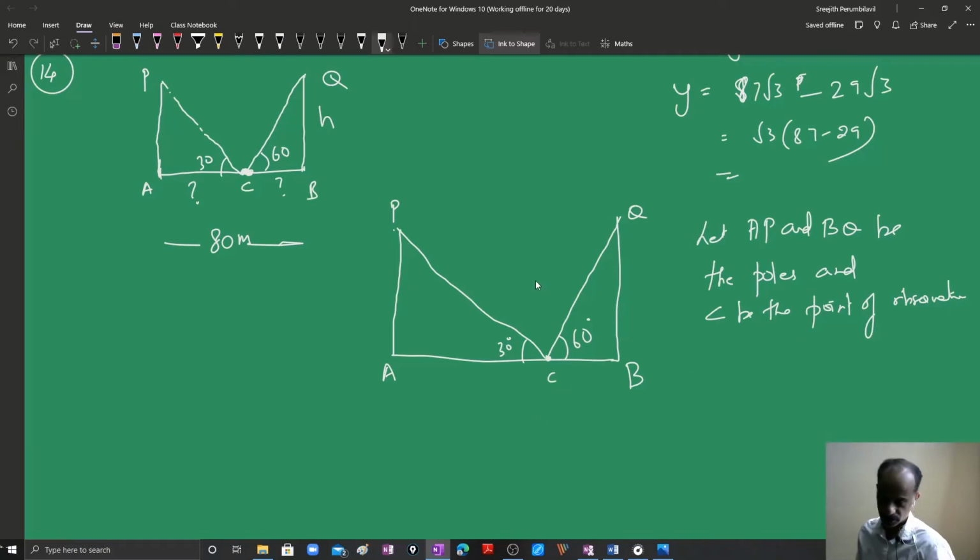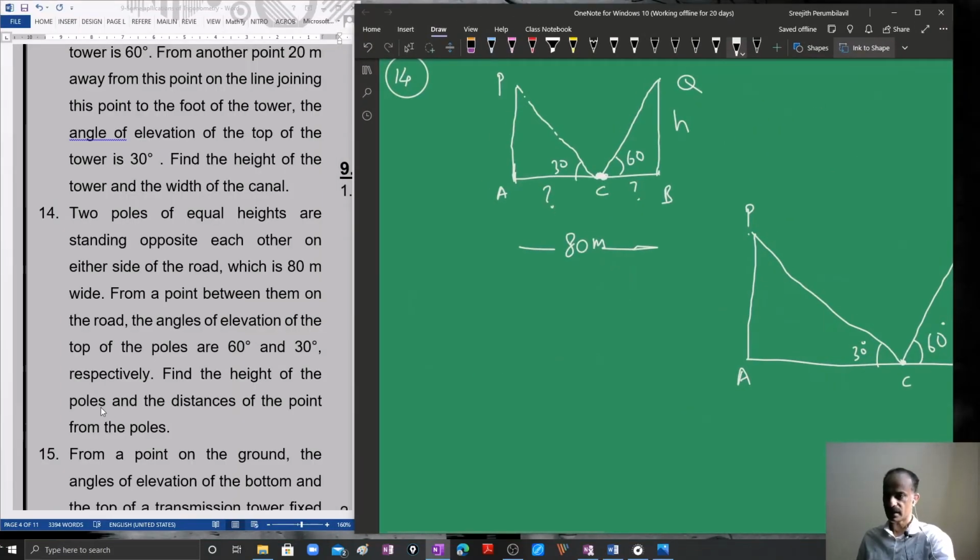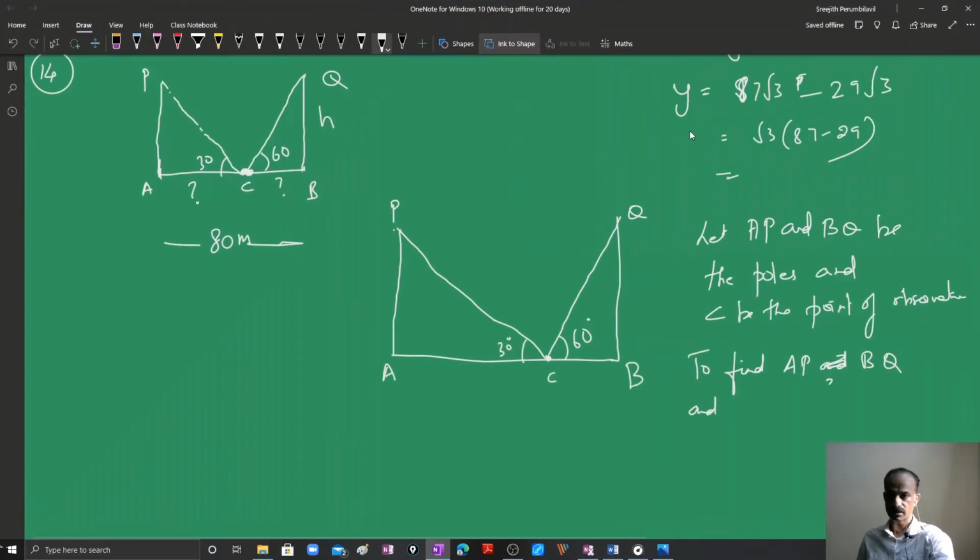Now we have to find these two things: AP and BQ, both of which are same, and the distance between the point of observation and the poles. Find the distance of the point from the poles, that is, either BC or AC. Find the height of the pole and the distance of this point from the pole.